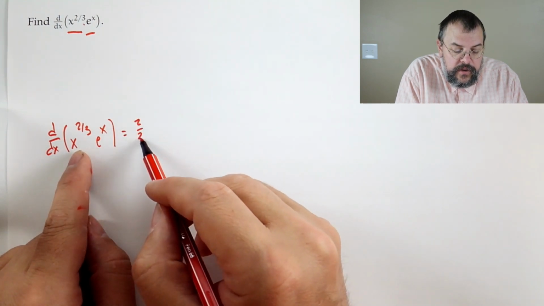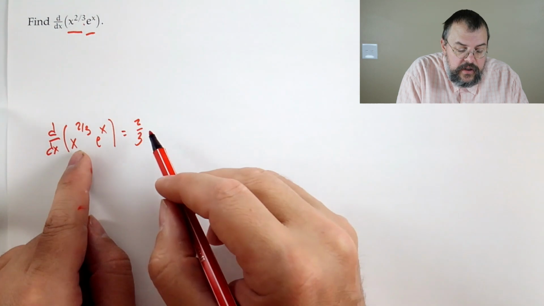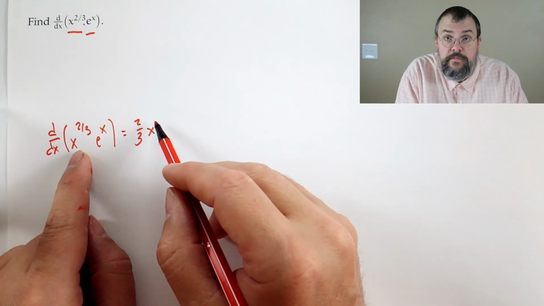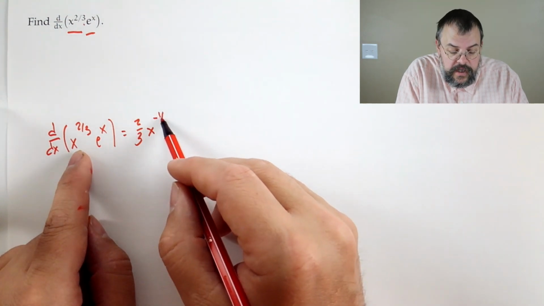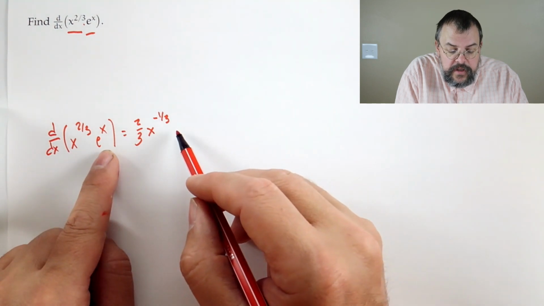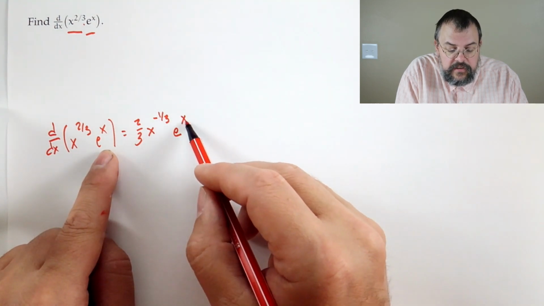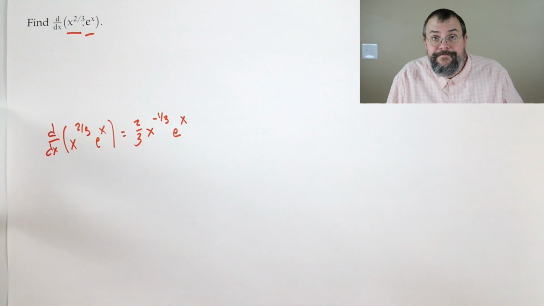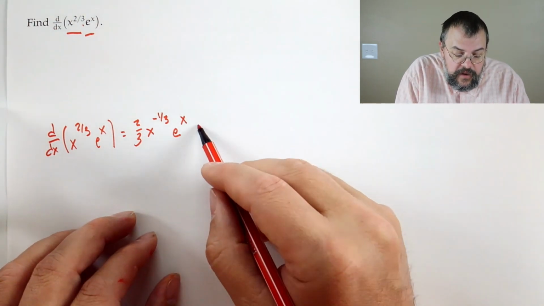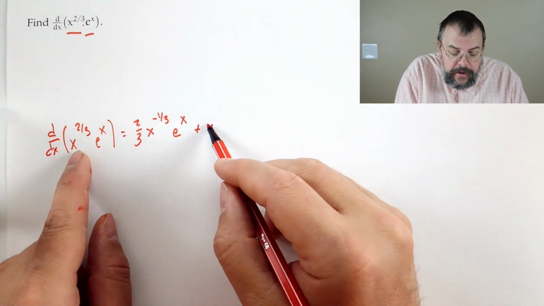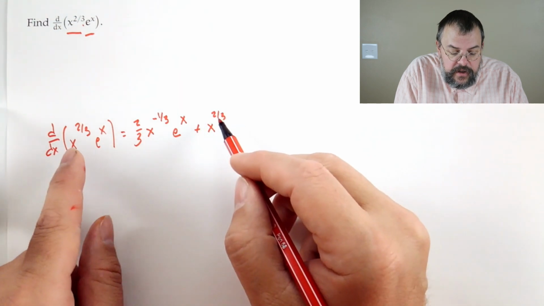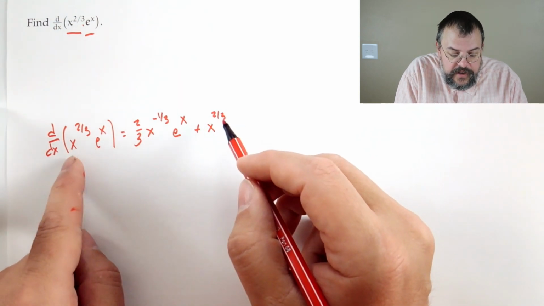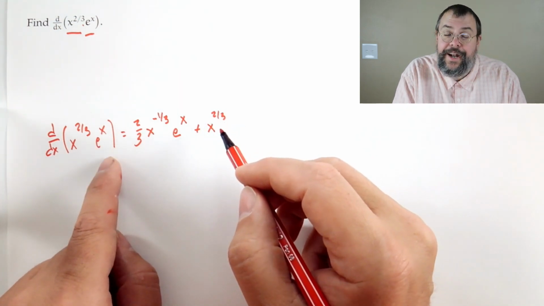It's 2/3, because the 2/3 comes down, x to the 2/3 minus 1, which is negative 1/3. Then this function stays as is, e to the x. Good, done. Plus, now this function by itself, so it's the derivative of the first times the second plus the first times the derivative of the second, and e to the x.